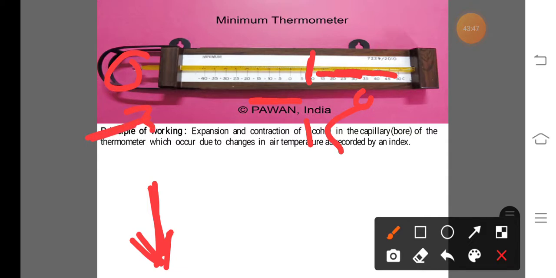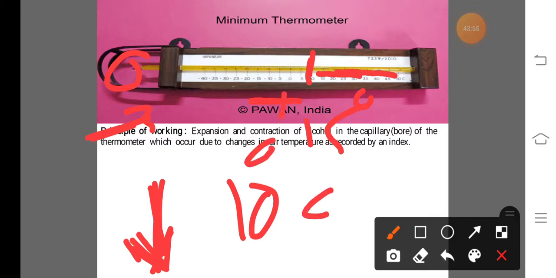Suppose the temperature decreases in the winter season, and it decreases to 10 degrees Celsius. That means this index is stopped at 10 degrees Celsius, and after that the temperature slightly increases. At that time the alcohol moves back towards the original position, but the index is kept at 10 degrees Celsius.